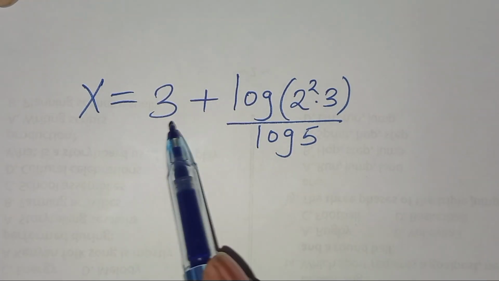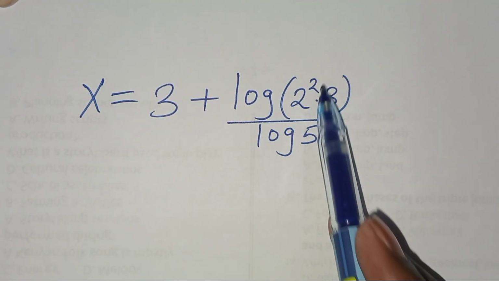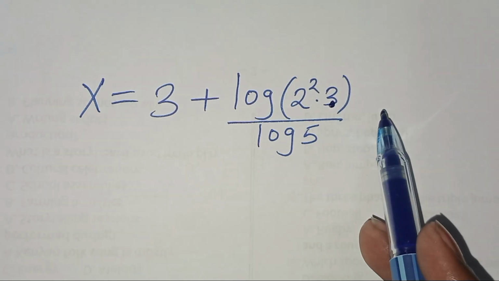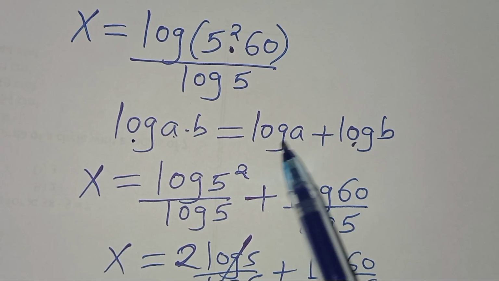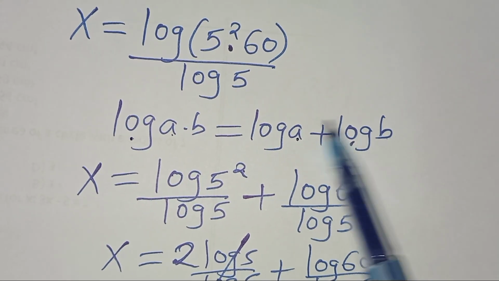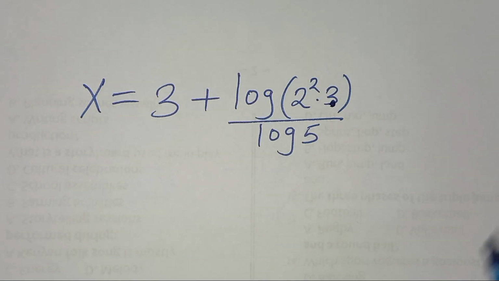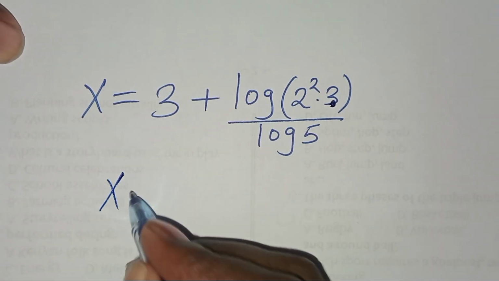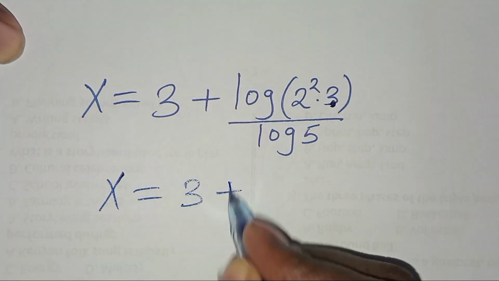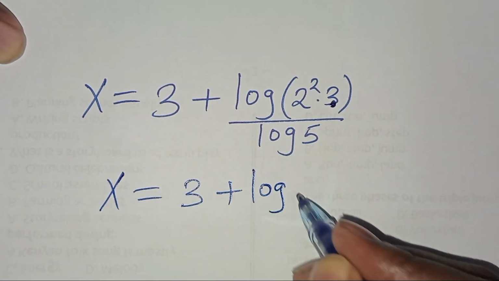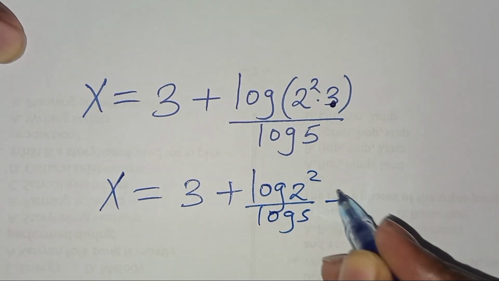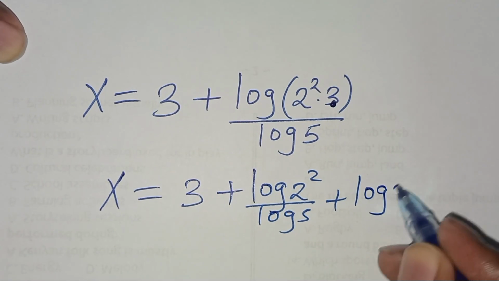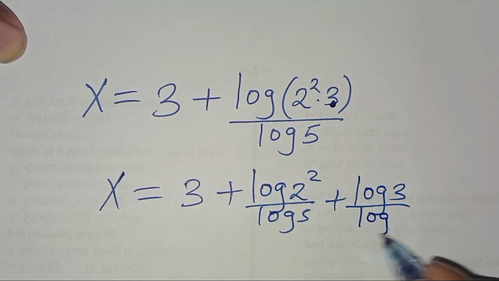Now we have x is equal to 3 plus log 2 to the power 2 times 3. Now applying this property of logarithm, that is log a times b, this is the same thing as log a plus log b. Let's apply this property so that now we'll have x is equal to 3 plus log 2 to the power 2 divided by log 5 plus log 3 divided by log 5.